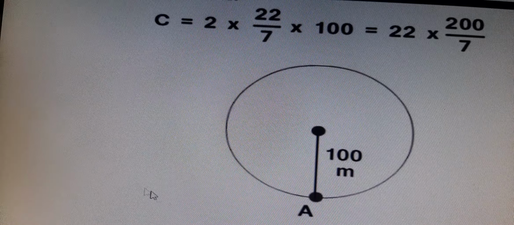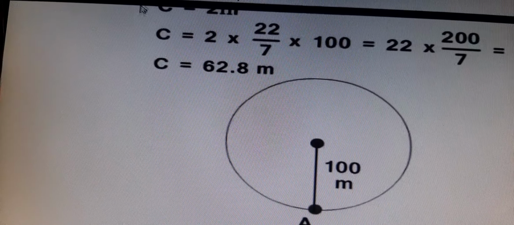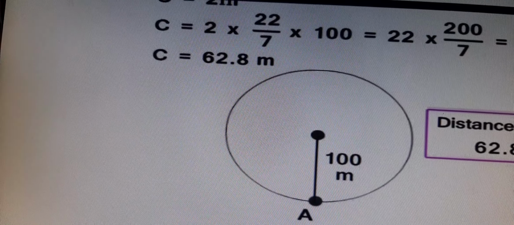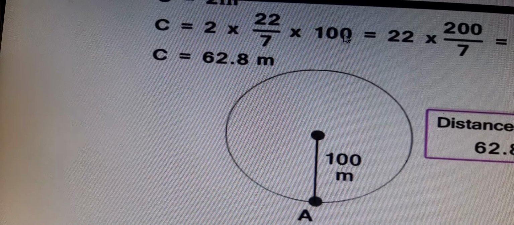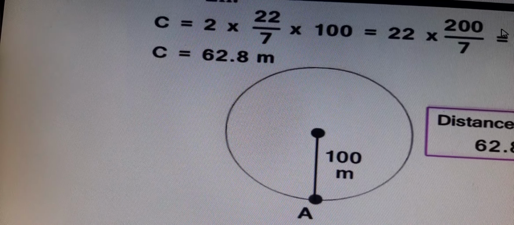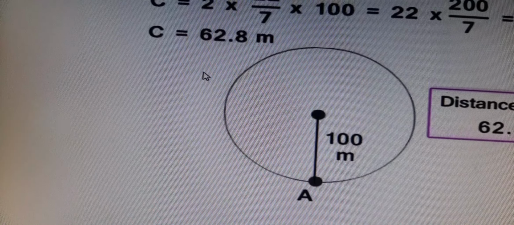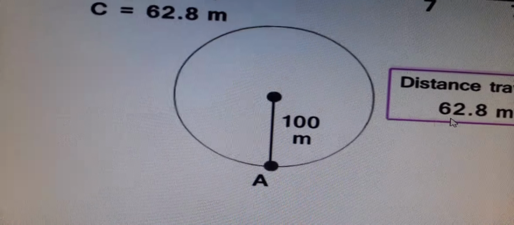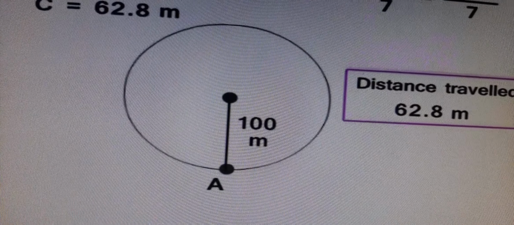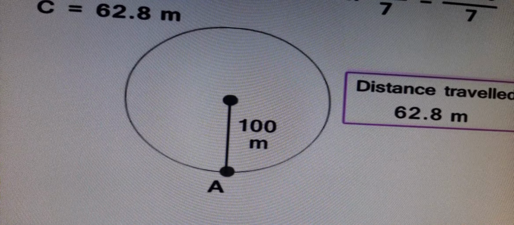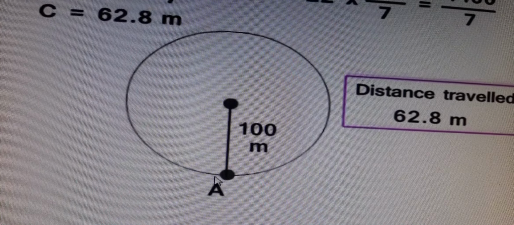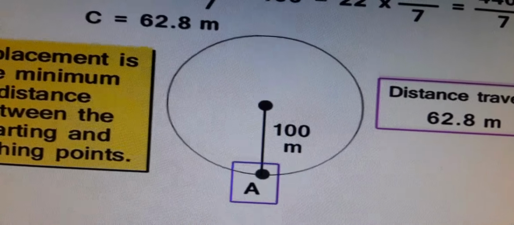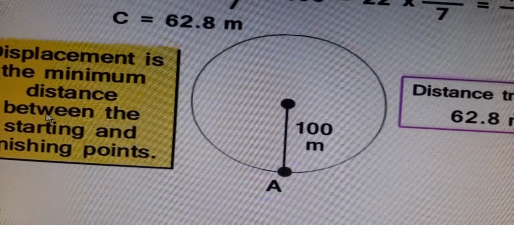Distance means the circumference of this circle. Circumference C is equal to 2 pi r, so C is equal to 2 into 22 upon 7 into 100, which is 4400 upon 7, and the final distance she travelled is 628 meters. This is called distance, but displacement is 0 because the starting point is A and the ending point is also A, and the direct distance between the starting point and ending point is 0.